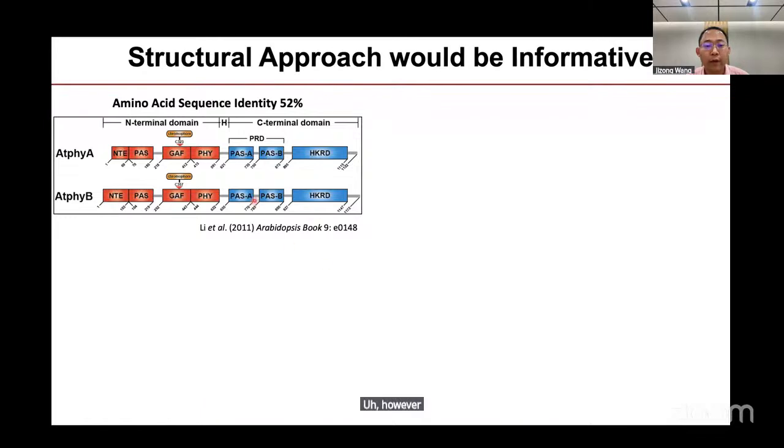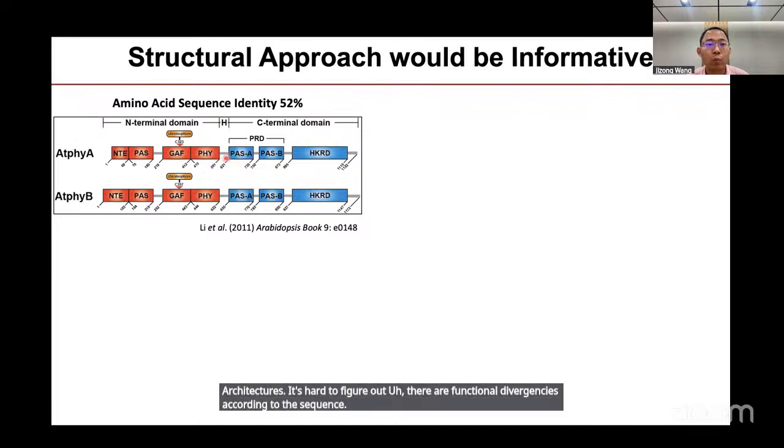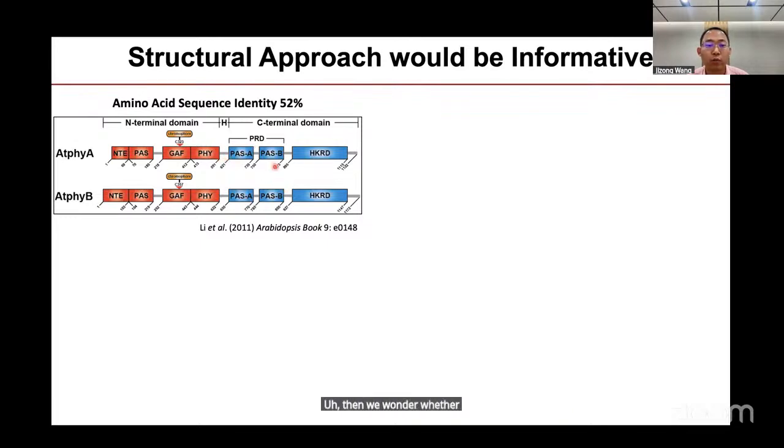However, PHYA and PHYB share 52% sequence homology and nearly identical domain architectures. It's hard to figure out their functional divergences according to the sequence. Then we wondered whether the structural approach could be informative.